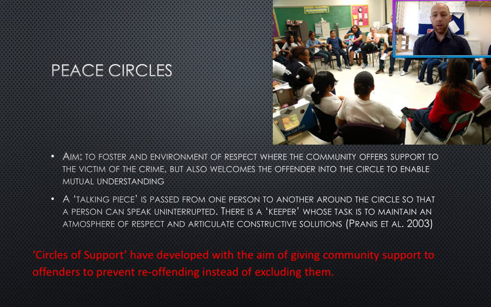There is a keeper whose task is to maintain an atmosphere of respect. They'll challenge any negativity and they'll try and keep things peaceful. These circles are quite common in schools now, especially with difficult behaviour, where the involved stakeholders will sit around in a circle and they will discuss their feelings about a particular incident.